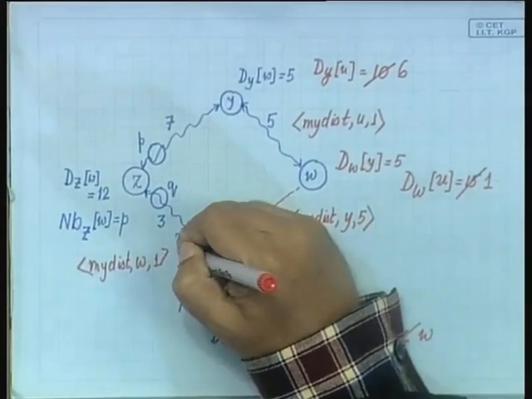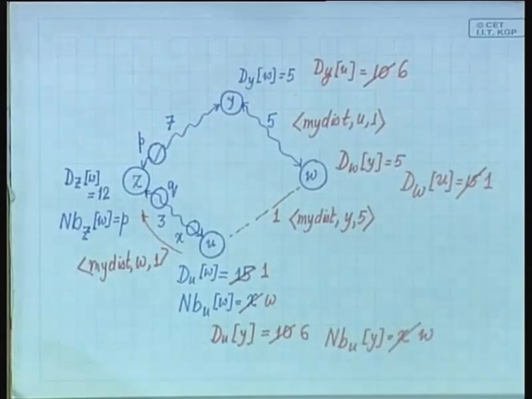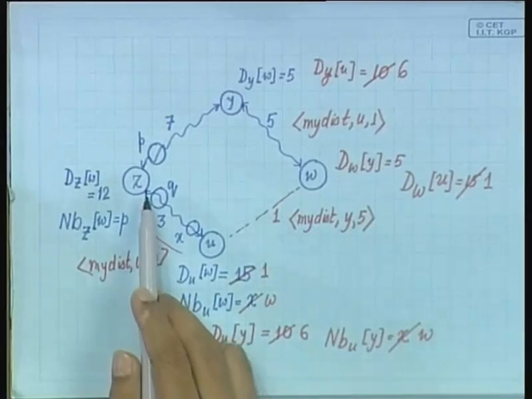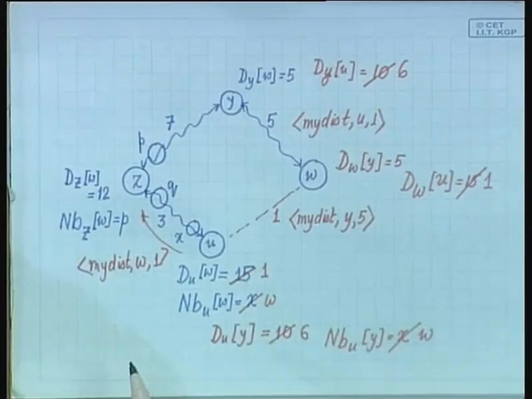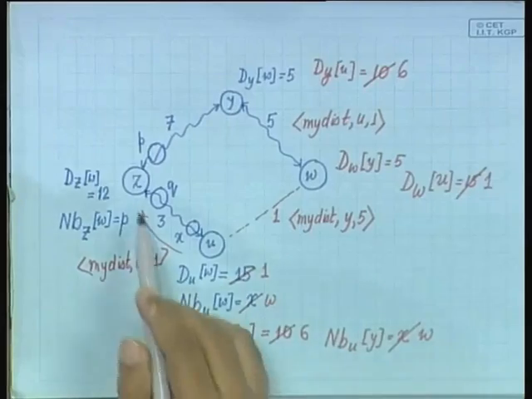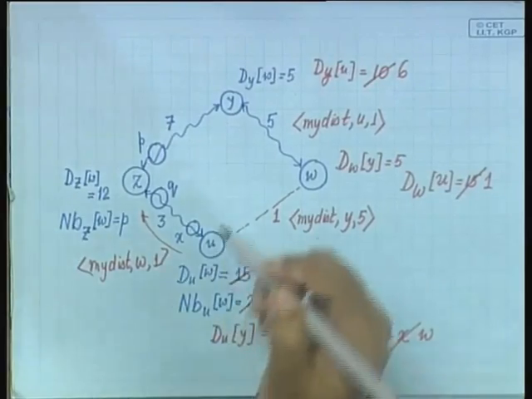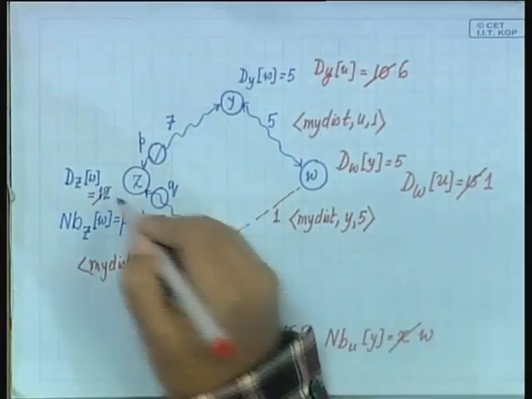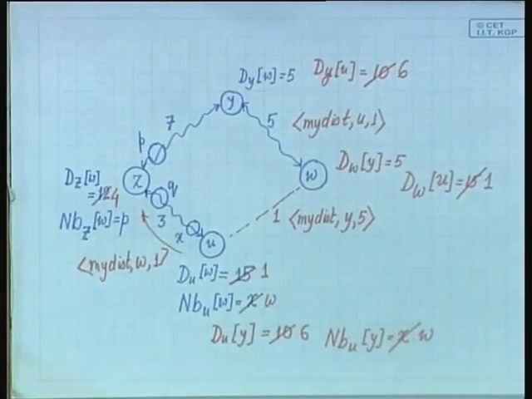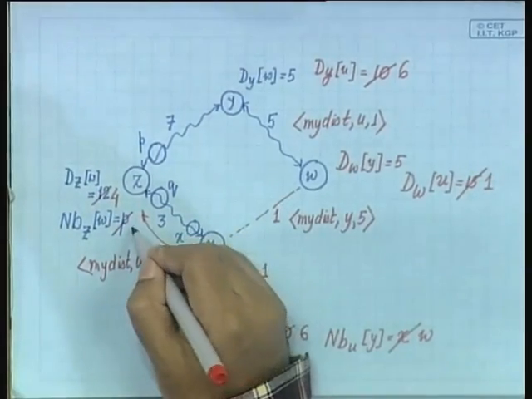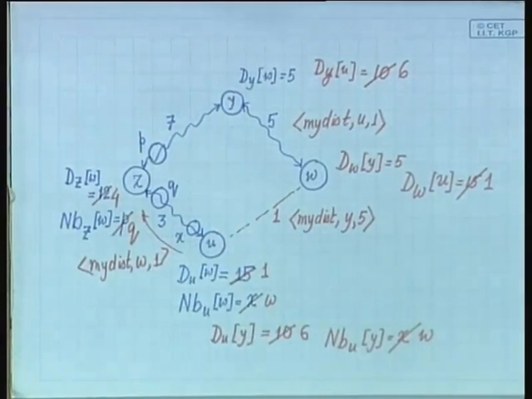This is what U will send to Z. Then what is Z going to do? It will do a recompute W. When it does a recompute W, it will change this to 4 and it will change this to Q. Is it clear? That is how the information propagates, right?